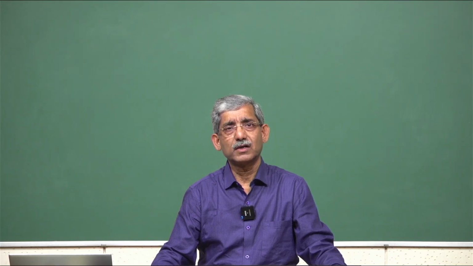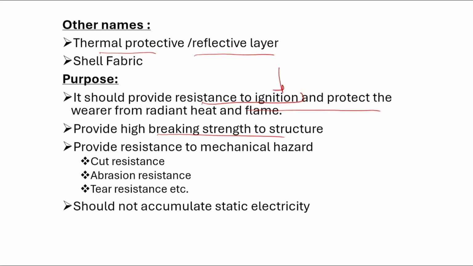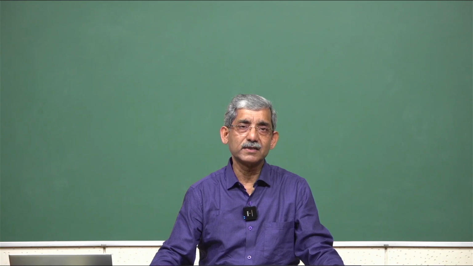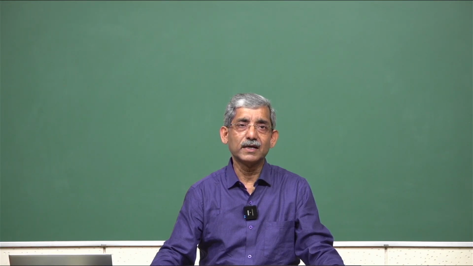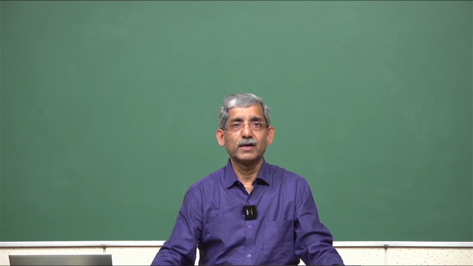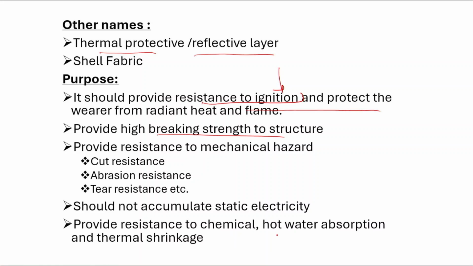It should not accumulate static electricity, which is very important. If it accumulates, then different types of problems can occur. It should also provide resistance to chemicals and hot water absorption.